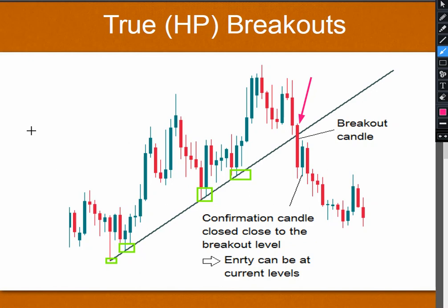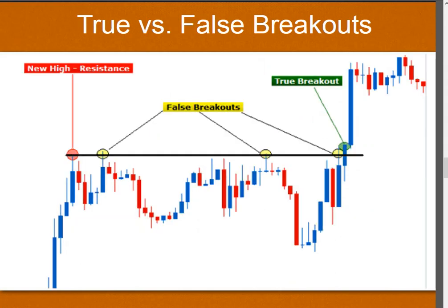Okay, great. Carrying on from there, we talk about both true and false breakouts. Now that we are talking about high probability breakouts, it's important for you to know also the false ones. And if that is your interest, I will show you that.